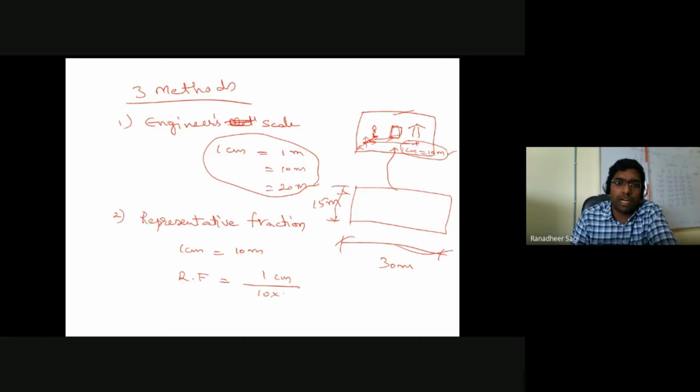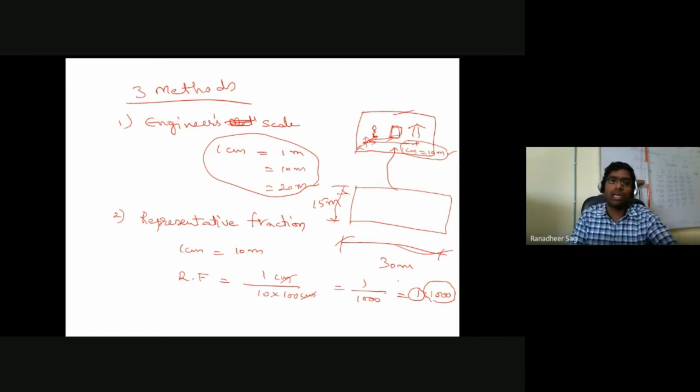I convert the 10 meters into centimeters, so the centimeters get cancelled, which gives 1 by 1000, which I can also write as 1:1000. So 1000 units in the field are represented as 1 unit in your map. That way of representation is what we call your representative fraction.